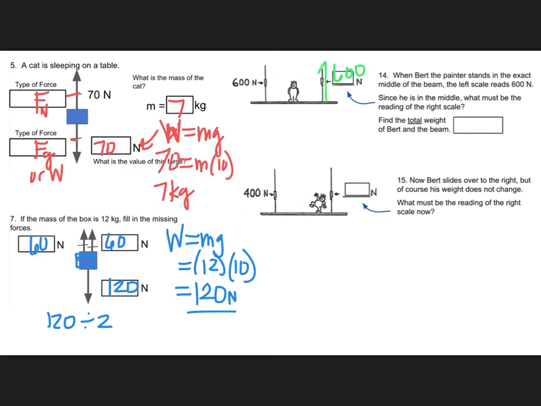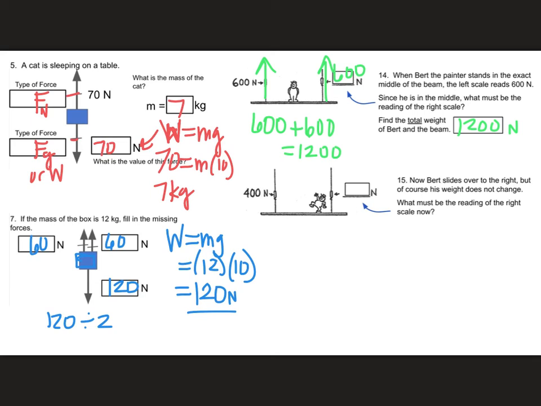And if there's 600 up here and 600 up here, that's a total of 1,200 newtons that's pulling up. That must be balancing 1,200 newtons that's pulling down. So that must be his weight, 1,200 newtons.